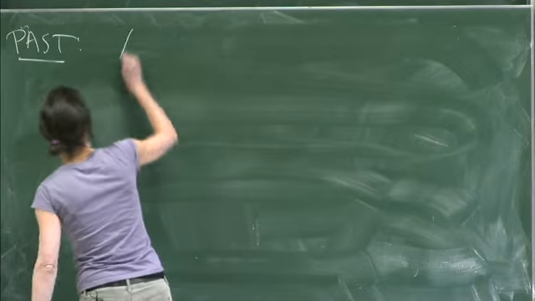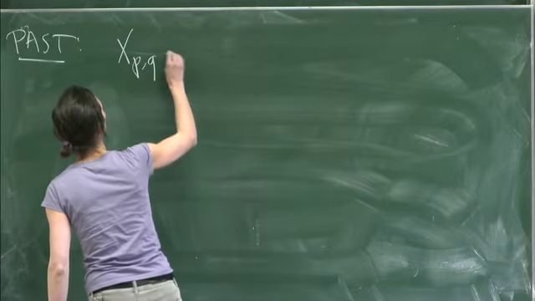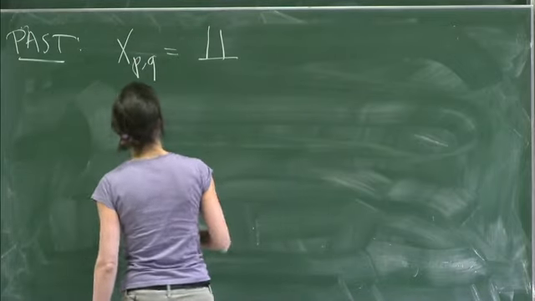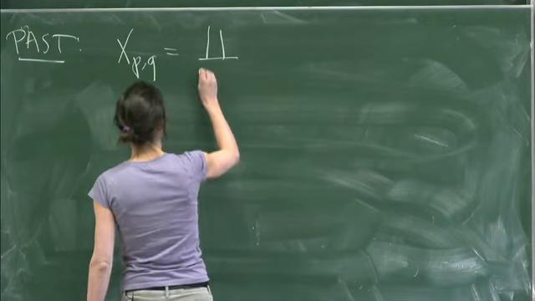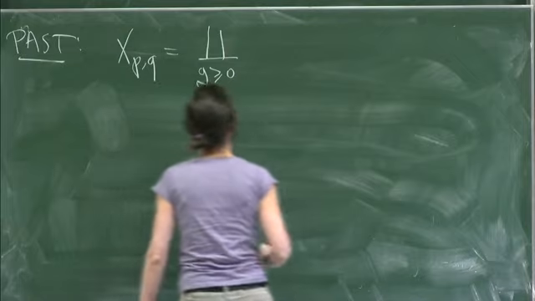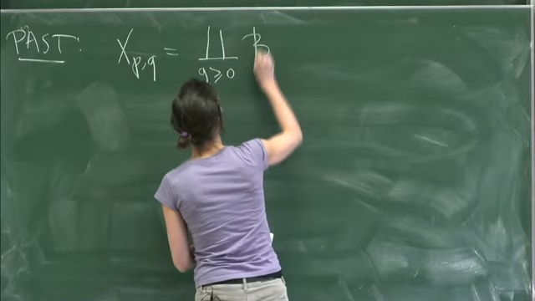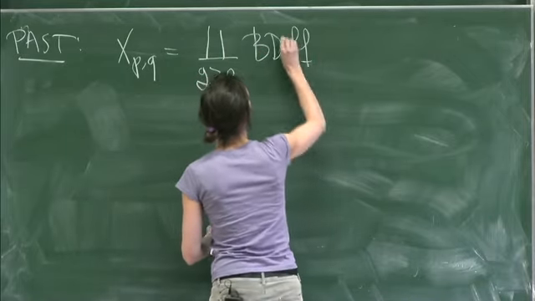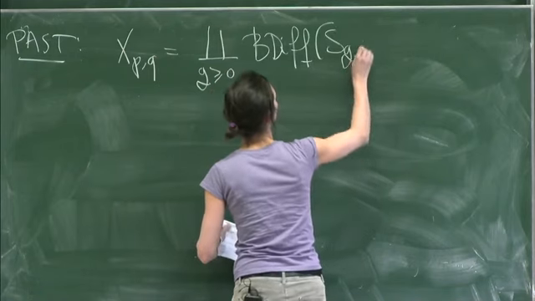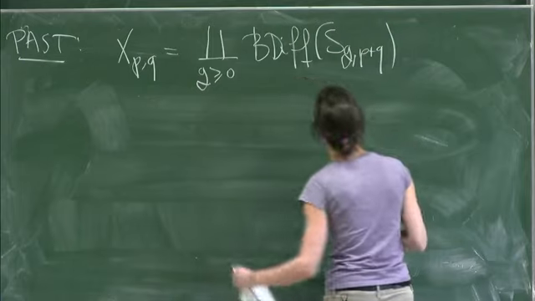But anyway, we could take X(P,Q) to be the disjoint union over genus g of B Diff of a surface of genus g with P plus Q boundary components.